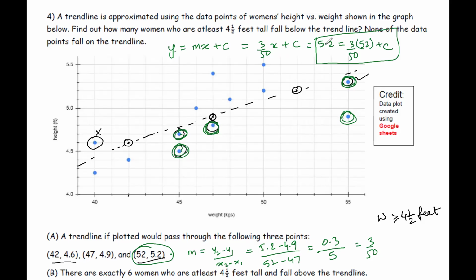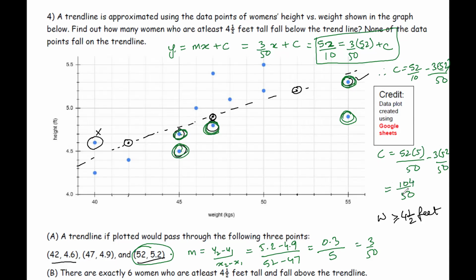So what is it? This is 52 by 10, right? Okay, so c is equal to 52 by 10 minus 3 into 52 by 50. Now if I multiply by 5 on both sides, that is 52 into 5 and 50 down here, then I'll get a common denominator 50 and 2 times 52, which is 104.